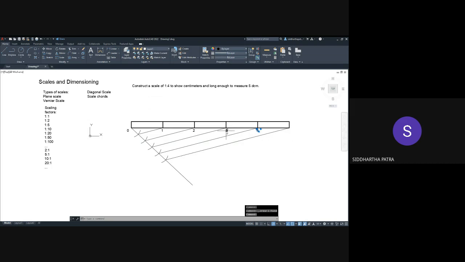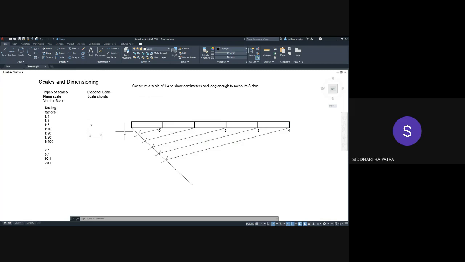So the first division is supposed to be 0 actually. So I need to move this from here to here. Okay, so the first division is regarded as 0 because to the left of 0 we would have the subdivisions. To the right of 0, we have divisions in decimeters.